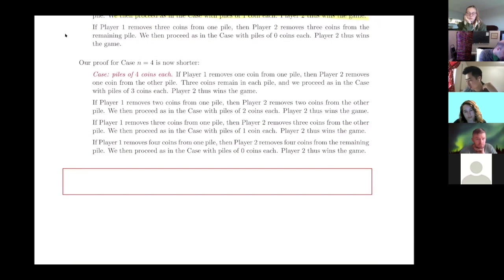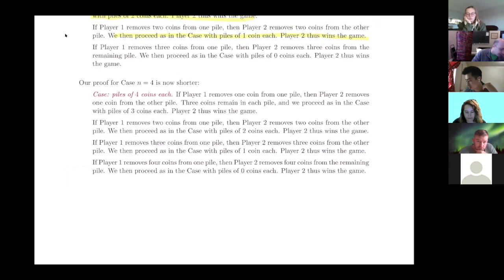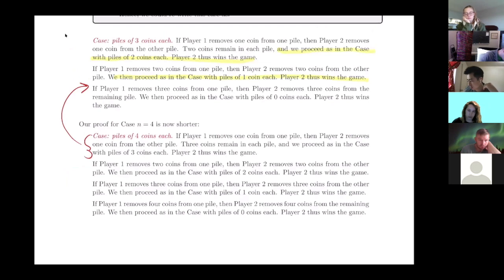Okay, and so then case 4 doesn't become so bad, right? Because otherwise we would have to say, well, player 1 can take 1 coin, they can take 2 coins, they could take 3 coins, they could take all 4, and we're adding a bunch of possibilities. So it's much easier here to just say, if they remove 1 coin, see case 3, and if they remove 2 coins, see case n equals 2.